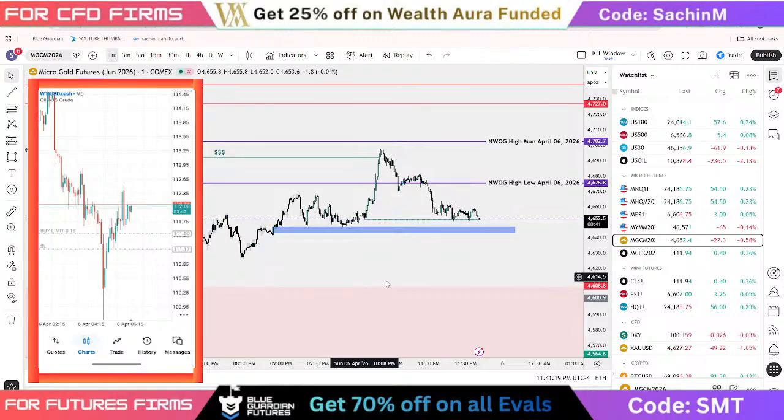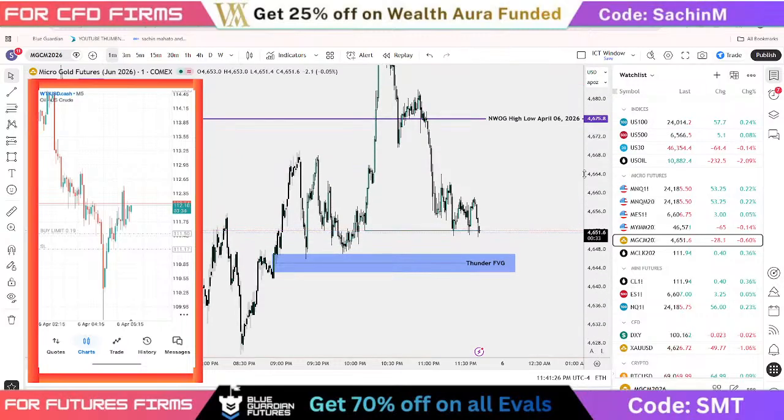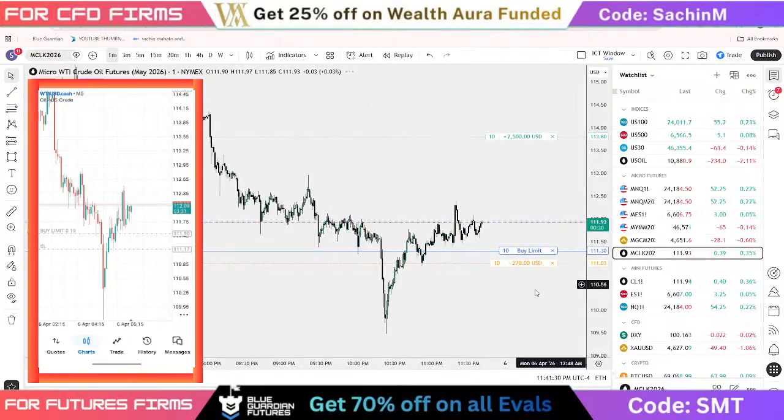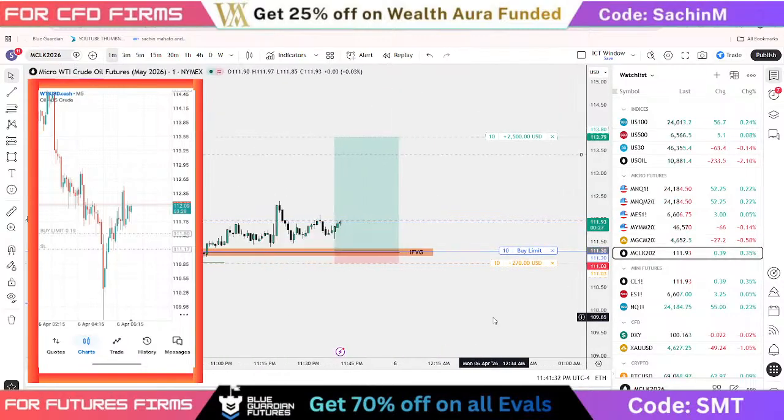I have only a trade for the market to expand in the higher direction. For crude oil, it is going up above again without taking our entry.